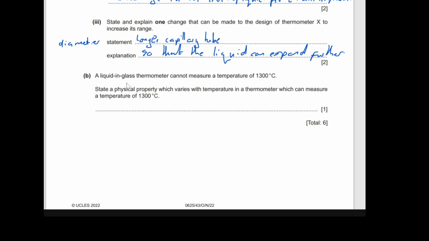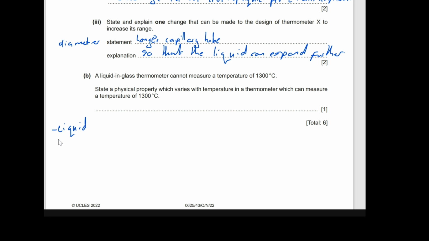A liquid in glass thermometer cannot measure a temperature of 1300 degrees. State a physical property which varies with temperature in a thermometer which can measure a temperature of 1300 degrees Celsius. Before that, it is very important for you to know all the types of thermometers. Usually we talk of the liquid in glass thermometer, the one in this question.